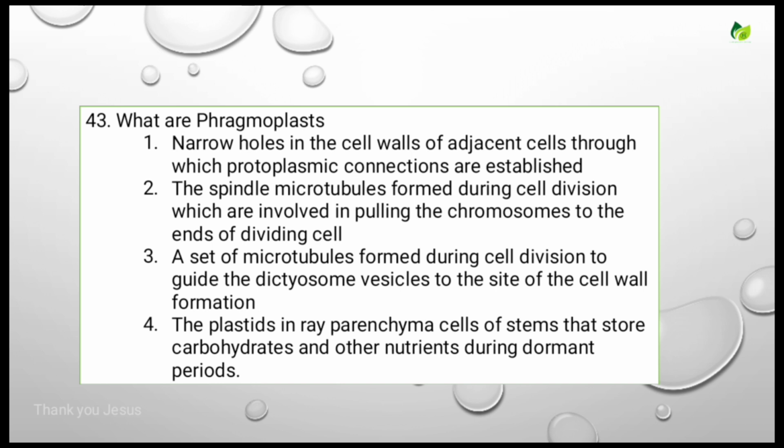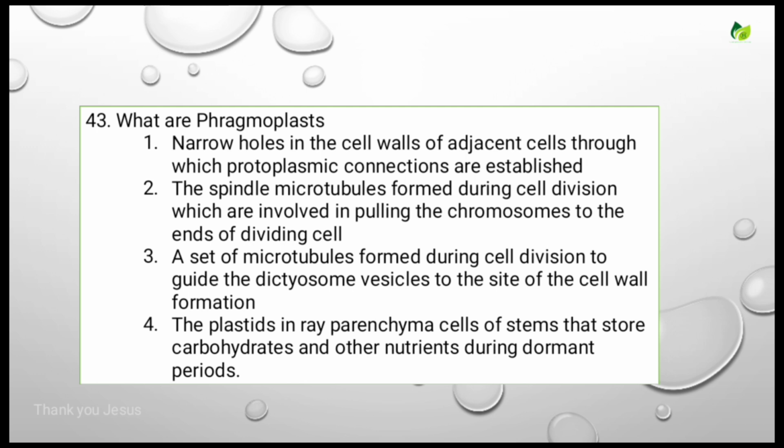What are phragmoplasts? Options are: narrow holes in the cell walls of adjacent cells through which protoplasmic connections are established; the spindle microtubules formed during cell division, which are involved in pulling the chromosomes to the ends of the dividing cell; third option, a set of microtubules formed during cell division to guide the dictyosome vesicles to the site of cell wall formation; and the plastids in ray parenchyma cells of stems that store carbohydrates and other nutrients during dormant periods.